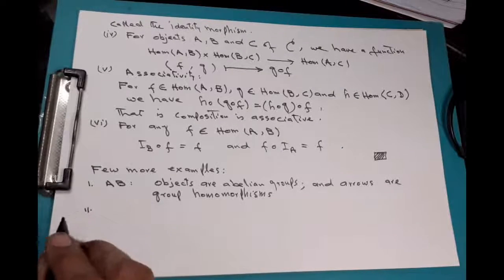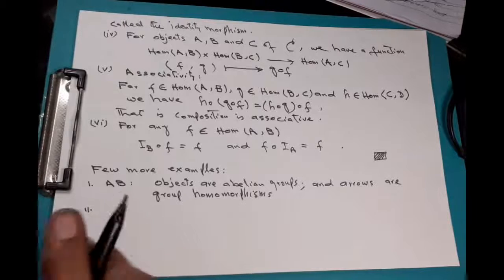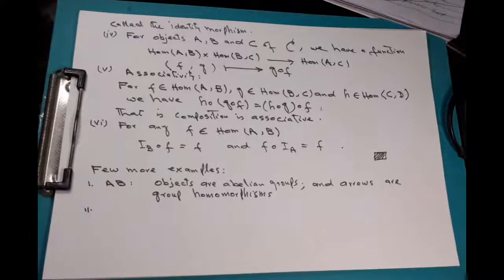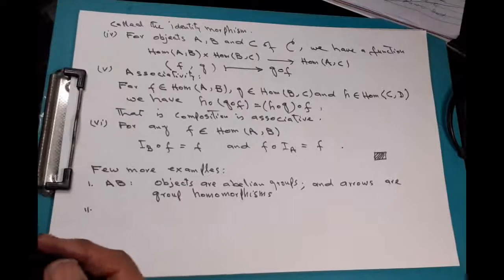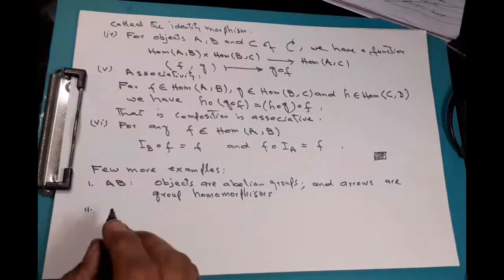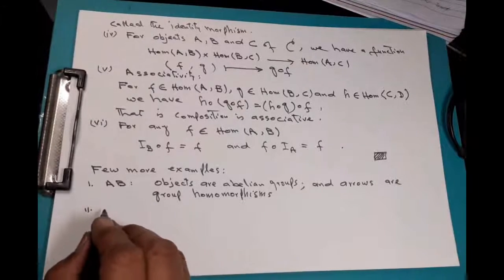We have another example, and that is the category of vector spaces as well. Let's write it as VECT.